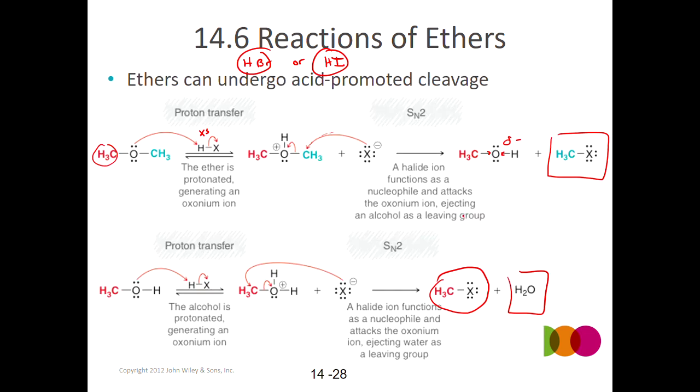In the last example, since we had two identical R groups, it didn't matter. X could have come in here and pushed out the oxygen there, or it could have come in over here and pushed the oxygen out there. Either way, I'd still get the same set of products. So it doesn't necessarily matter which R group is reacted first once the oxygen is protonated.